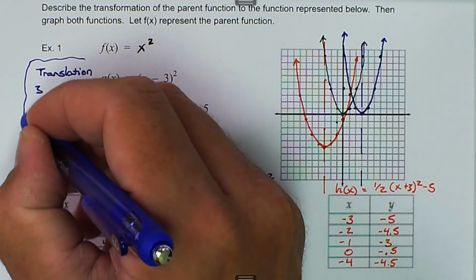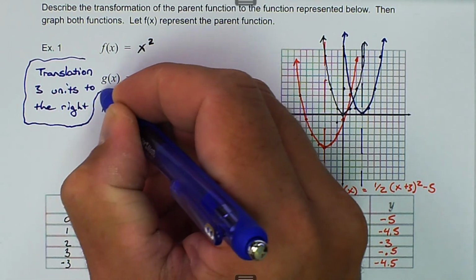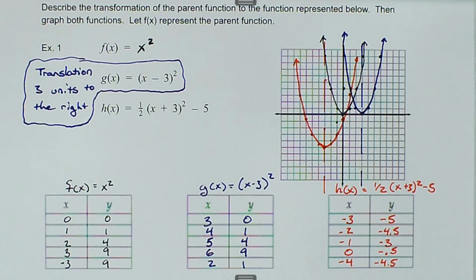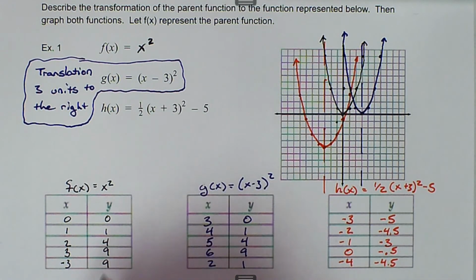Okay, so that's g of x. And then h of x, that had a few more transformations.